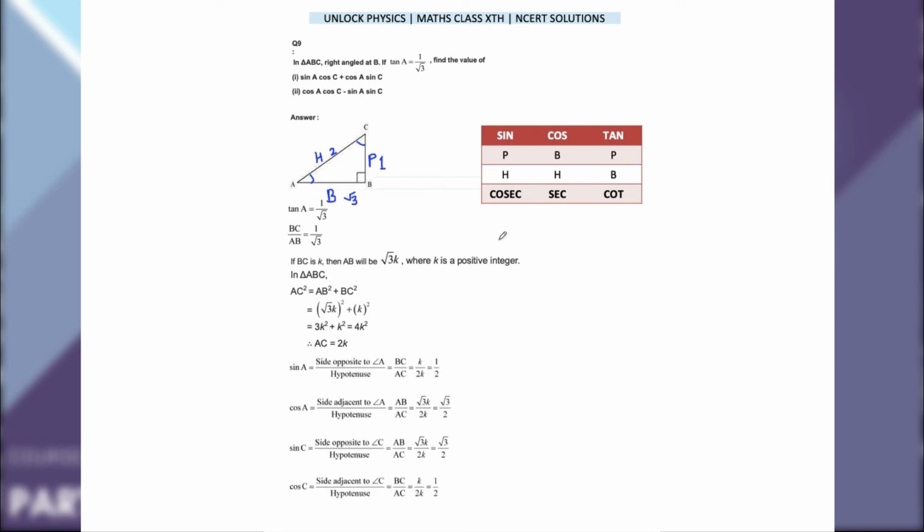So sine A is equal to perpendicular upon hypotenuse, which is 1 by 2. Cos A would be base upon hypotenuse, which is root 3 by 2.